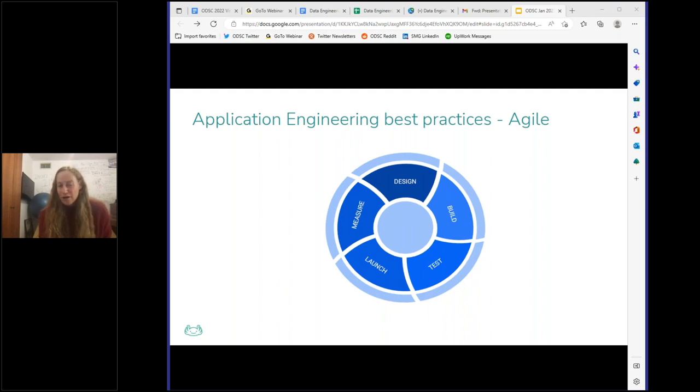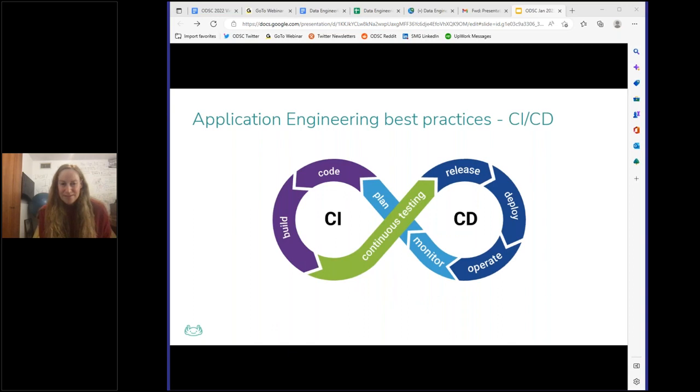And what does that require under the hood from a tooling perspective? Next slide, please. So we would need to have CI and CD.